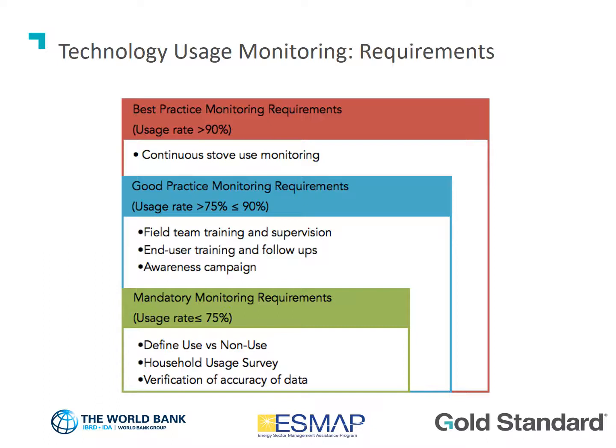The level A mandatory monitoring requirement must be followed by all projects. The level B, good practice monitoring requirements, and the level C, best practice monitoring requirements are optional. And in order to apply a higher level of usage rate, all of the requirements from the levels beneath should be followed. And I'll give you a second to look at this table.